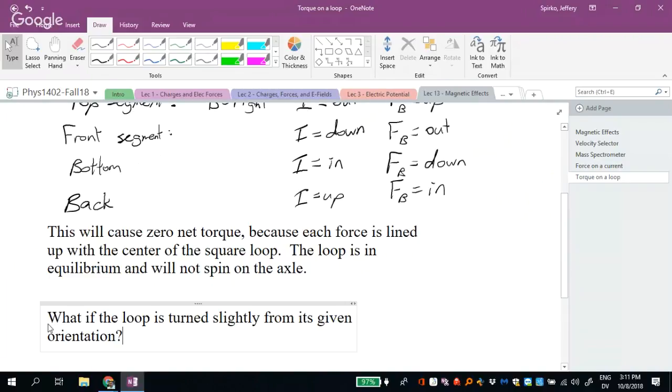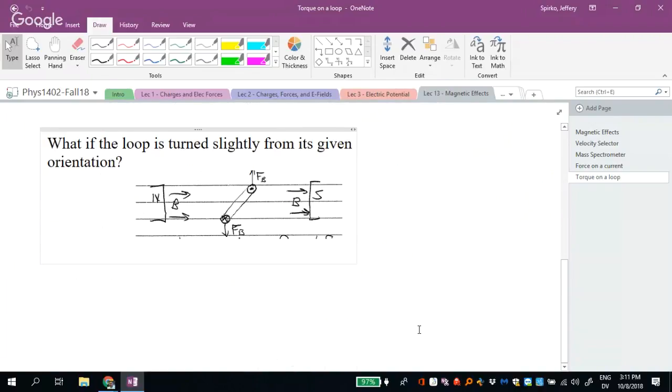It's going to come up in a second. So in this version, the dot here represents the current coming out of the page. That's the top segment of the loop. The X here represents the current going into the page. That's the bottom segment of the loop.